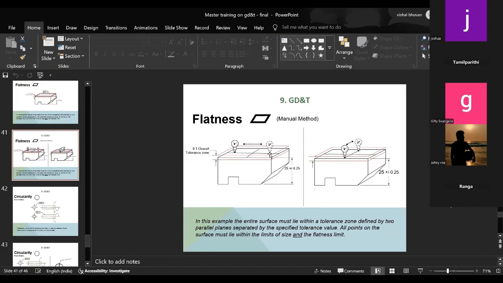So without any dependency, we're going to check the same feature formation. No other feature is needed, so it is independent. For other GD&T controls, we need some reference feature to control the feature. Here only the feature formation will be controlled, so no other feature is needed.